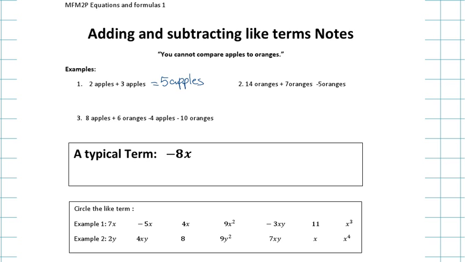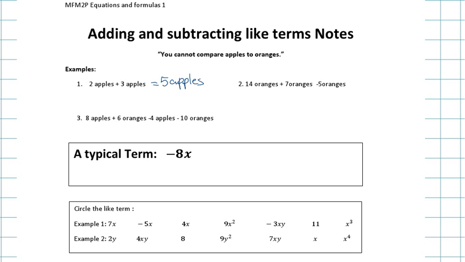Okay? Now how about if I have 14 oranges and 7 oranges, but then we took away 5 oranges. How many oranges do I have? This is just integers basically, right? It's integers, but we're introducing some letters in there too. Okay? So I have 14 oranges plus 7 oranges minus 5 oranges. What do I have?